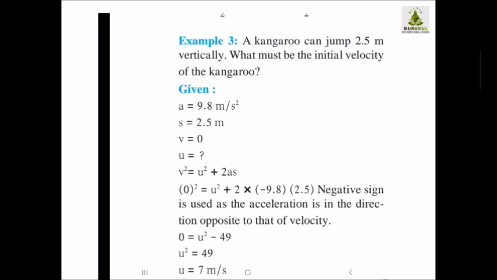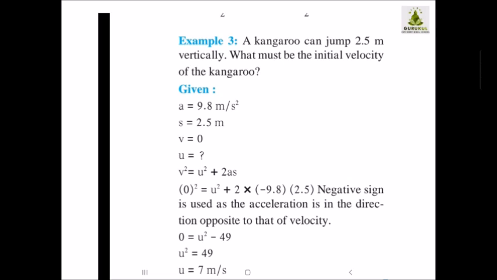So substituting the values in the equation, we will get 0 is equal to u square minus 49. Now I'll change the sides, so minus 49 will become 49. Then I'll get u square is equal to 49. And if I want to find u, the square root of 49 is 7.